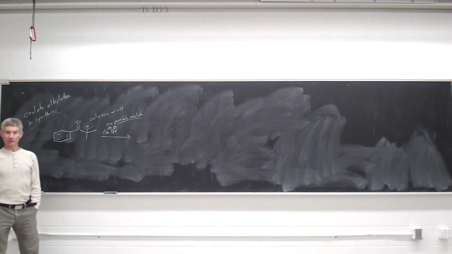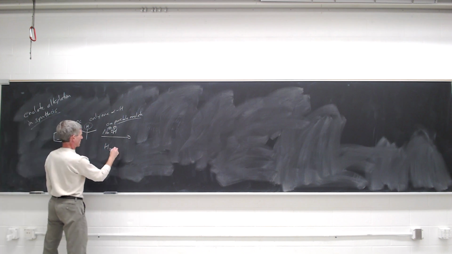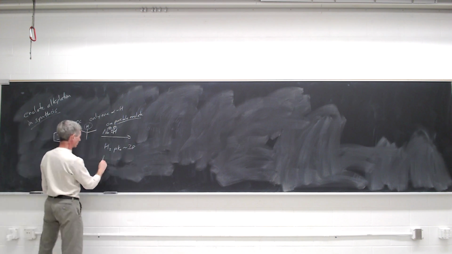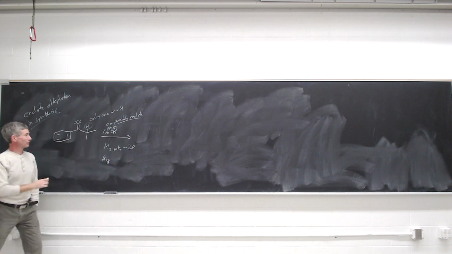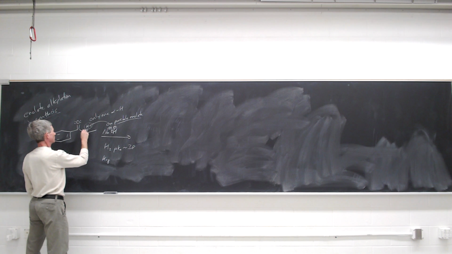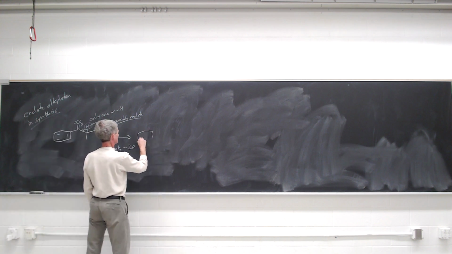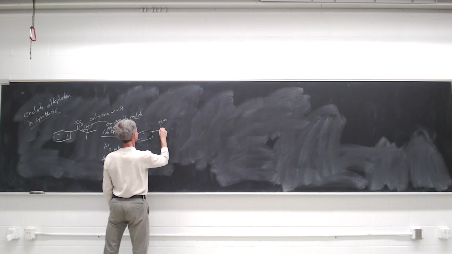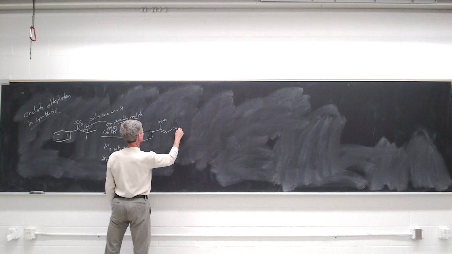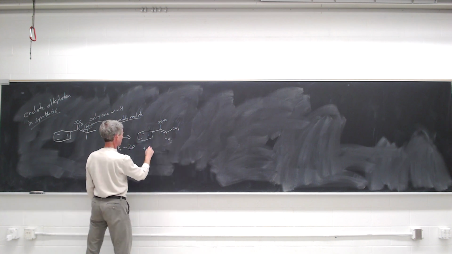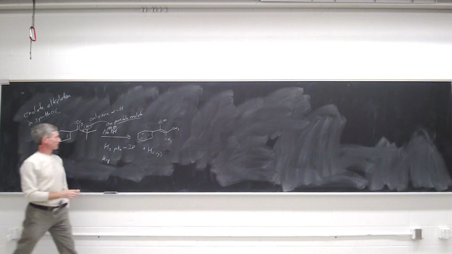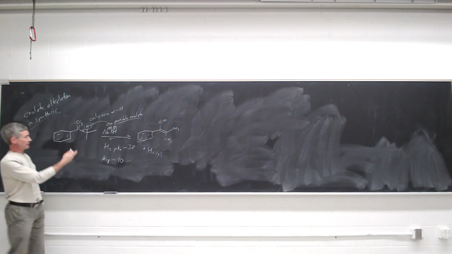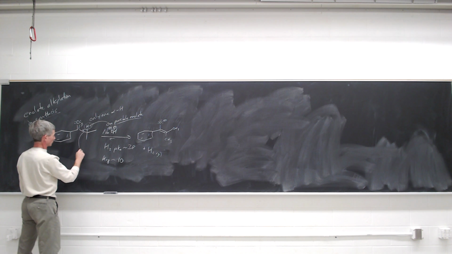Hydride ion is the conjugate base of hydrogen gas, which has a pKa of about 38, which means that our equilibrium constant for the reaction of potassium hydride with the ketone to form the enolate can be calculated as approximately 10 to the, let's assume this pKa is around 22.